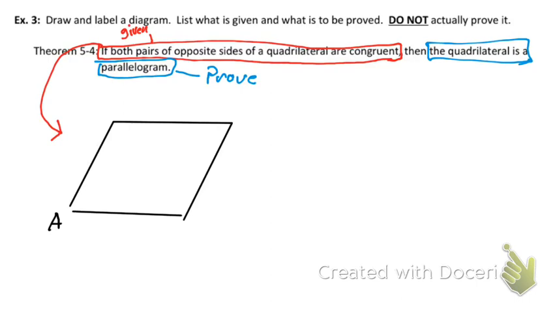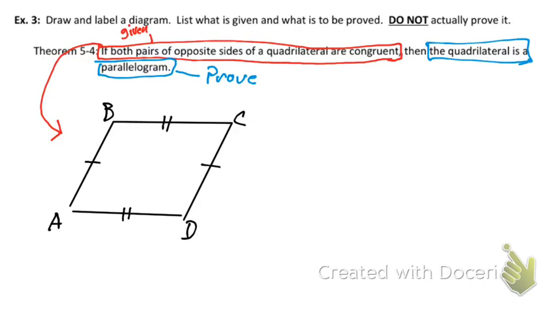Let's call it A, B, C, D. Well, it says if both pairs of opposite sides are congruent, so on your drawing, you're going to draw opposite pairs being congruent. So you'll draw AB being congruent to CD, and you'll draw BC is congruent to AD. So I take that if statement, and I make a drawing out of it.